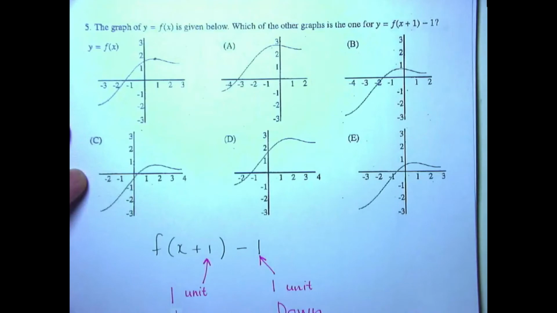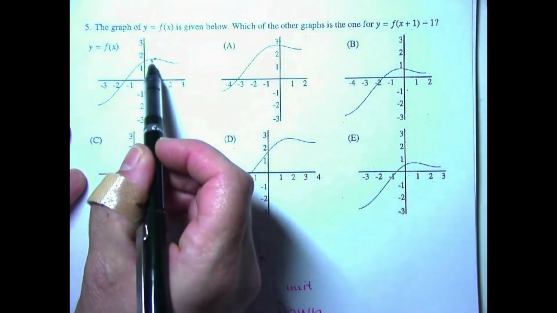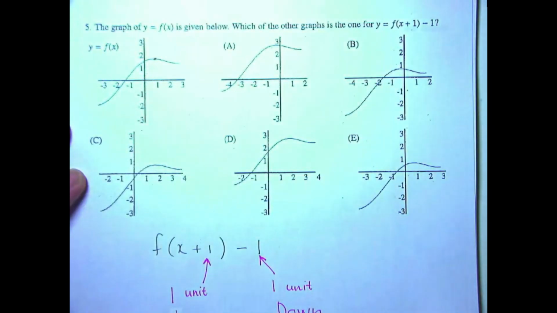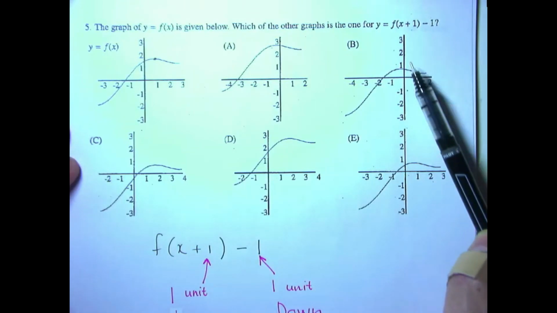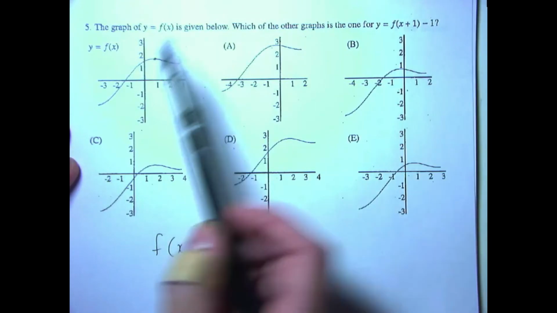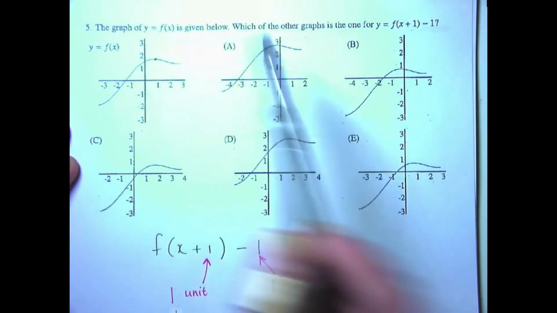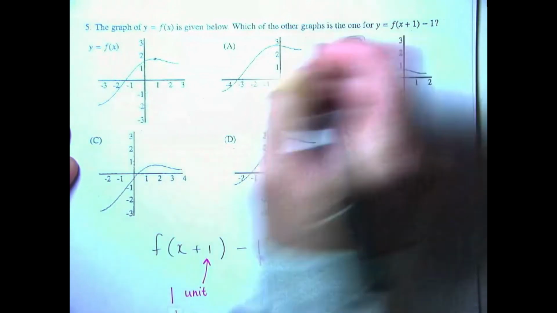All right, so if I grab this dot right here and we move 1 to the left and 1 down, which graph matches? If we move 1 down and 1 to the left, it looks to be B. Would you guys agree with that?